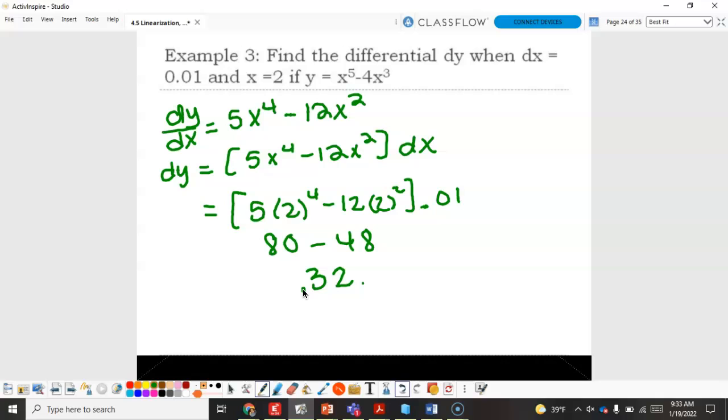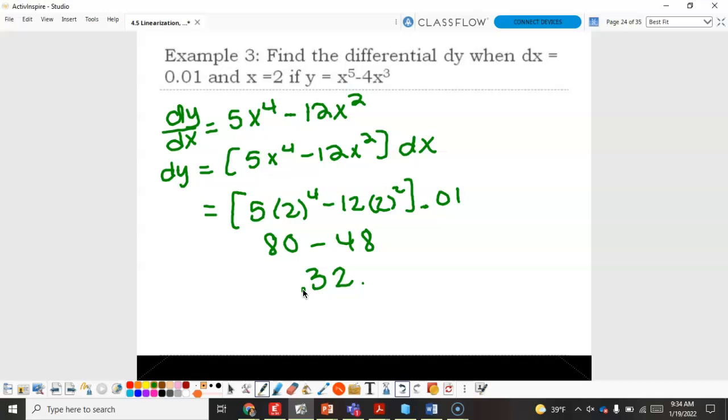But the answer that I'm getting, that 0.32, that's not the approximation of 2.01, because we didn't even incorporate x. Exactly. We're only doing delta y. So that is the change in y when x changes by 0.01.